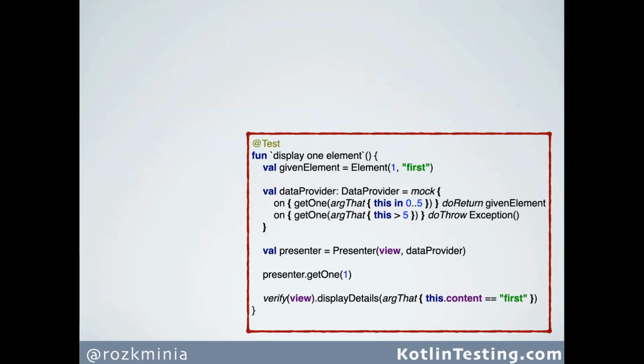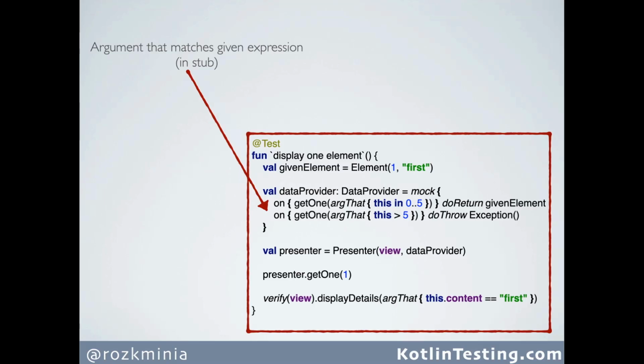And we can introduce more complex matchers if we need to. Let's suppose that we want to always return the same element for a function invocation where the ID, described by an integer value, is between 0 and 5. We could use the Mockito matcher argThat. In that lambda, we write a Boolean expression.